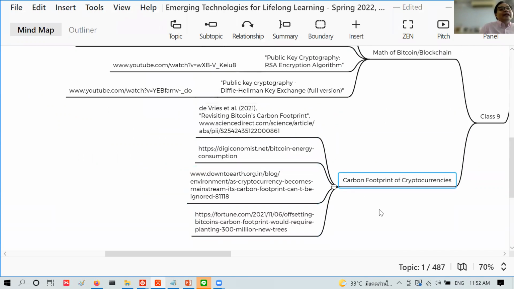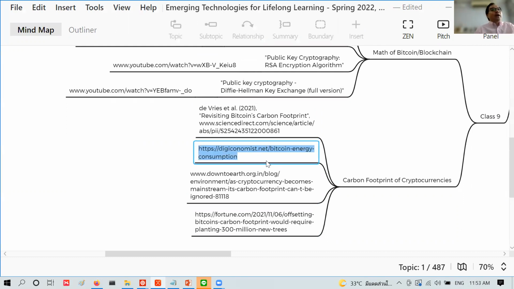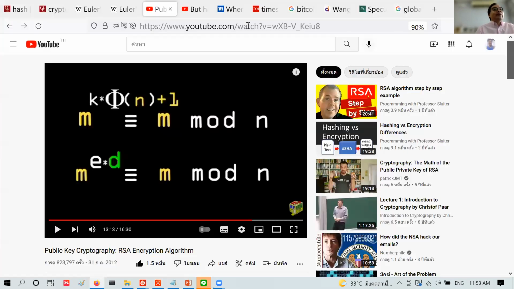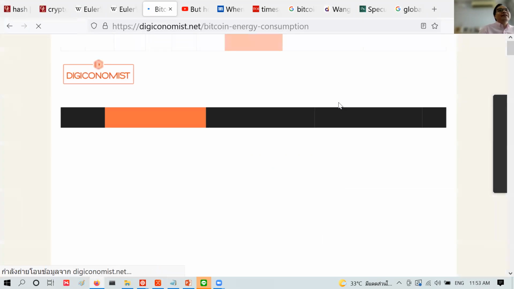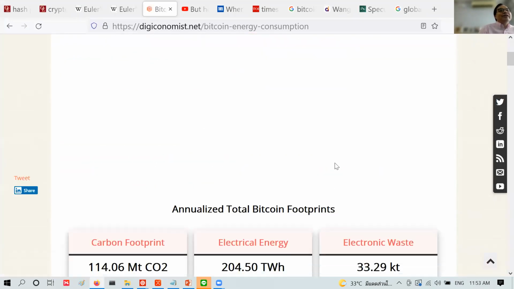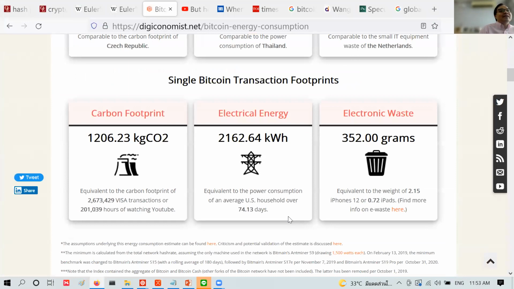I guess the paper that gets quoted a lot was from 2018, and there's some counter argument, but you can go to here. I think this is a more recent calculation that takes into account the methodology. There are online resources that do this kind of Bitcoin energy consumption, and you have to look into the detail on which methodology this is based on.